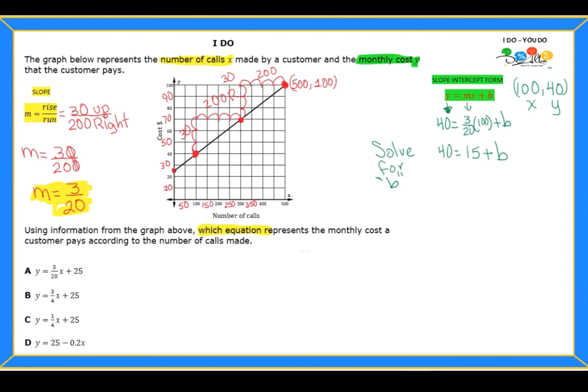I need to subtract 15 on both sides. So 15 minus 15 cancels, and I get b equals 40 minus 15, which is 25. And that will be my y-intercept.